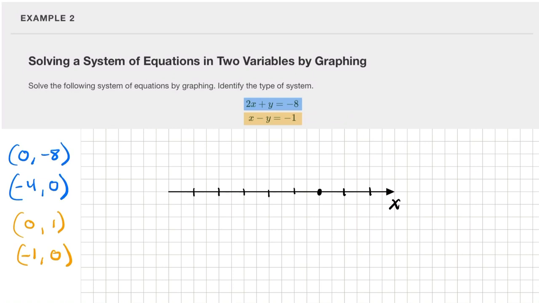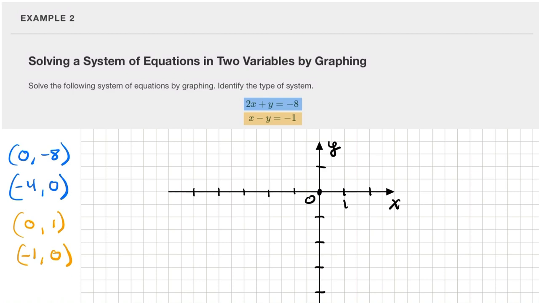Let's see, 2, 4, 6, 8. That should be good about like that. So our positive y is in this direction. Here's the origin.